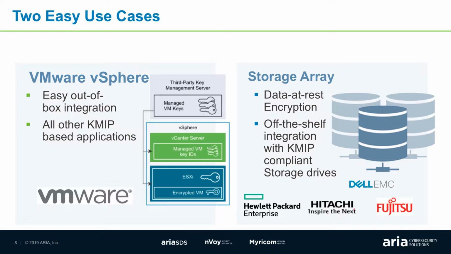The enabler for this widespread application of key management is KMIP, or the Key Management Interoperability Protocol, introduced in 2010. This well-defined protocol defines how applications interact with a key management server. This allows CSPI to work, again, out of the box with virtualization platforms such as VMware and the ever-increasing number of storage vendors supporting KMIP. We list a few here on the slide, but to help put KMIP adoption in perspective, there were only a handful of companies adopting the protocol when initially released.